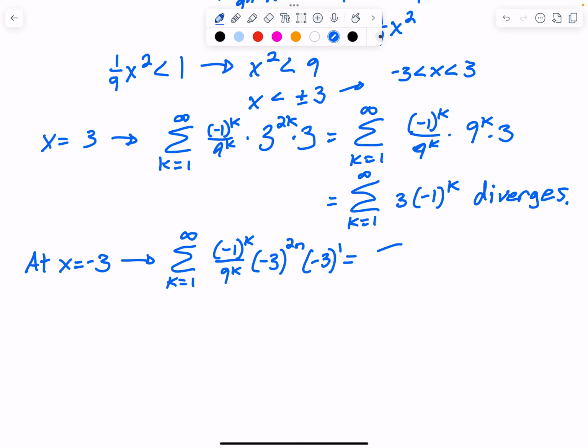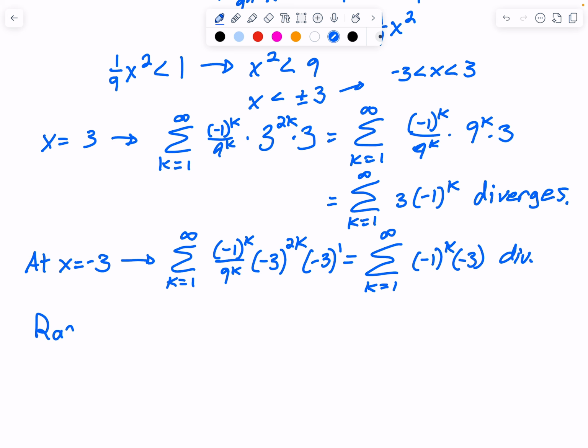Okay, that equals the sum from k equals 1 to infinity. And then let's see what's going to cancel. Oh, I put an n there, but that should be a k. So do you see that's going to get me a 9^k if I square that? And that gets rid of that. And I'm going to have a (-1)^k times -3. Again, that's just going to go back and forth between -3 and 0.